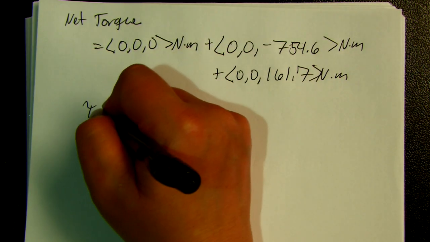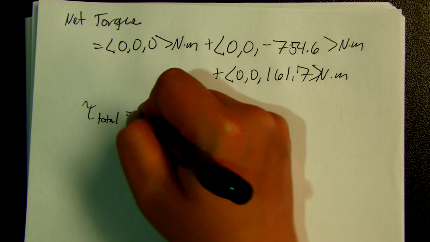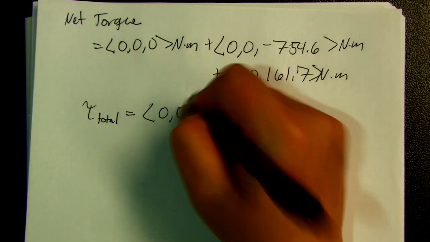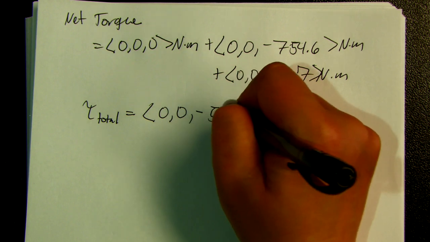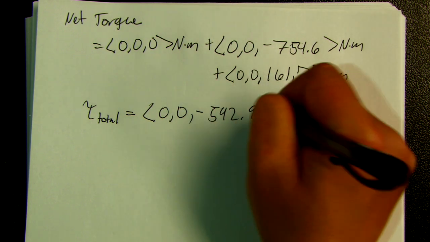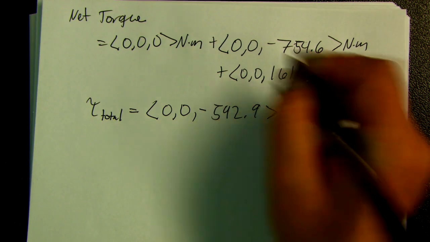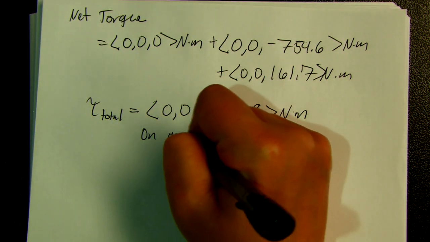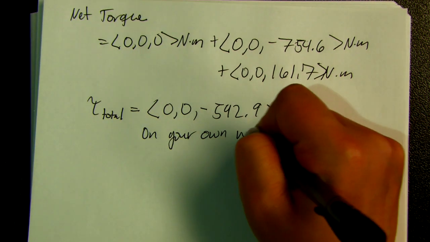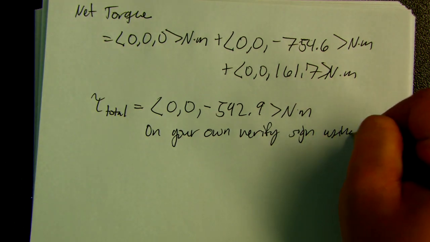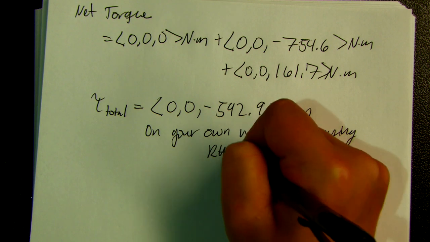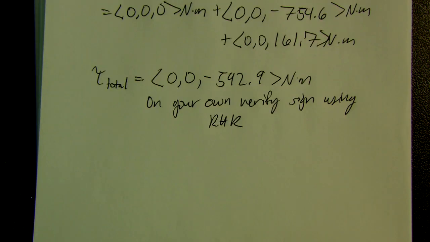The total torque is equal to 0, 0, minus 592.9. On your own, verify sign using right-hand rule. All right, so that is how you do torque.